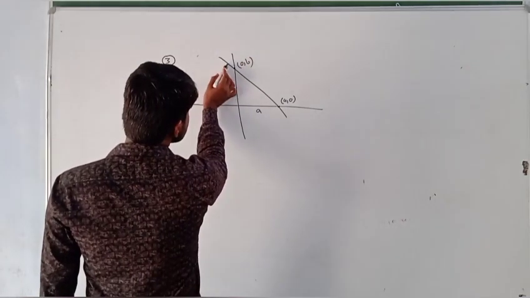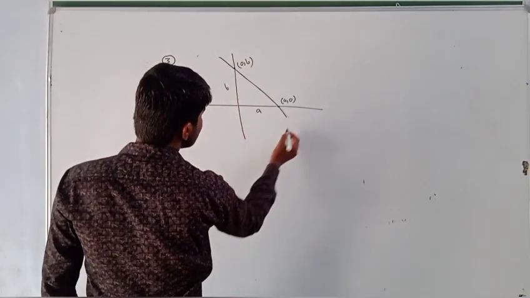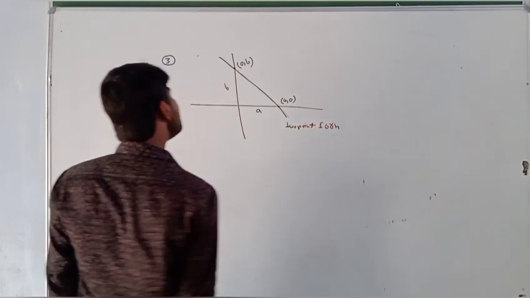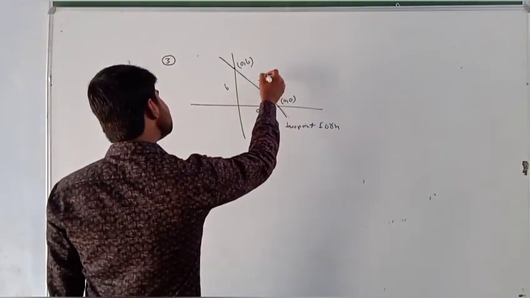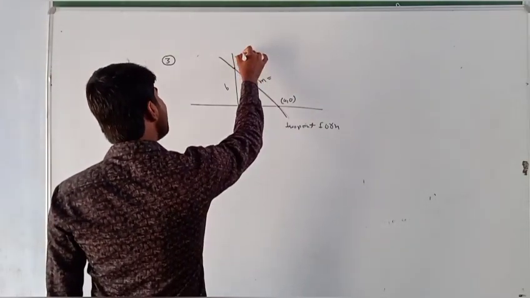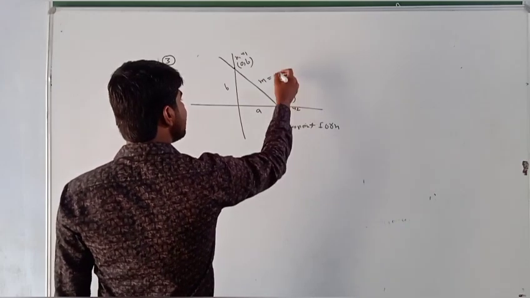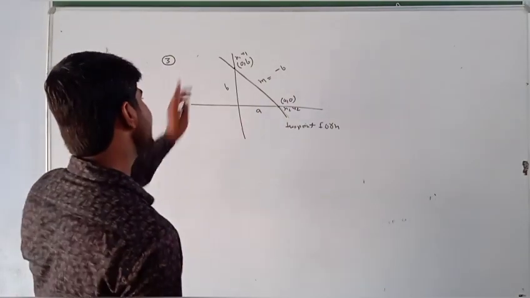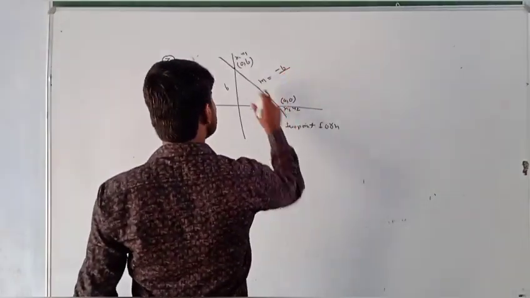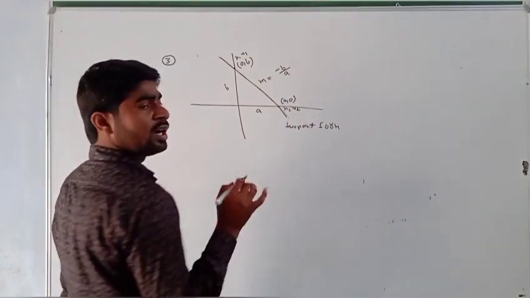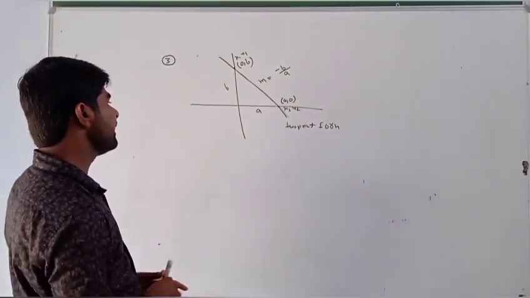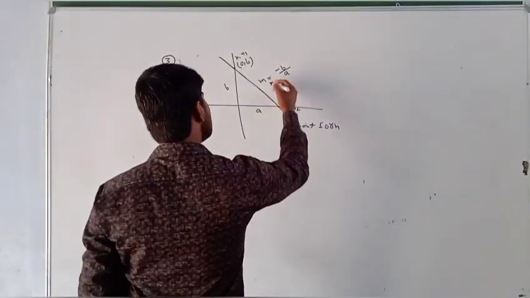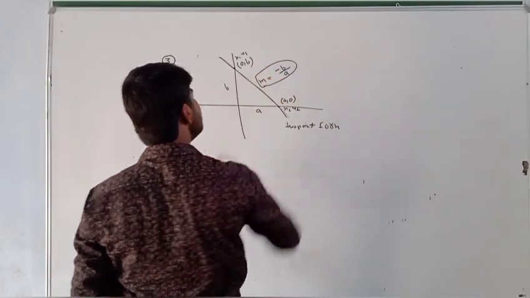So it is converted into which thing? Two-point form. According to two-point form, we can find m. How? With (x1, y1) and (x2, y2), y2 minus y1 upon x2 minus x1. So if you are given the intercepts on both the axes, you can find the slope as m is equal to minus b upon a.